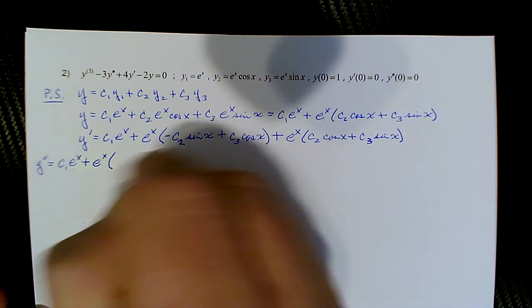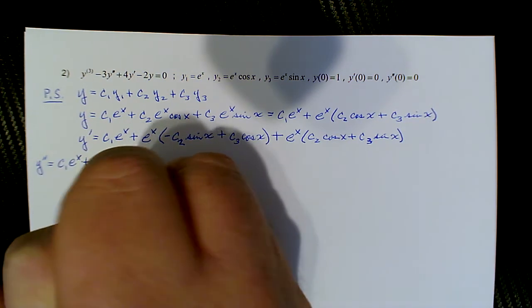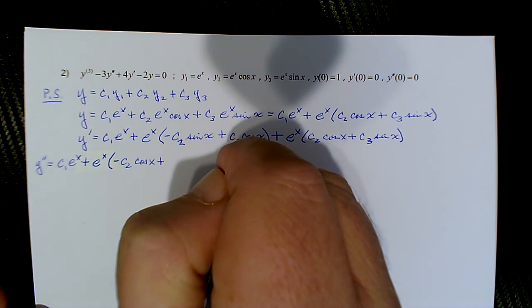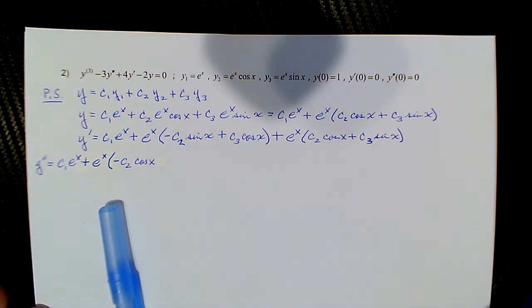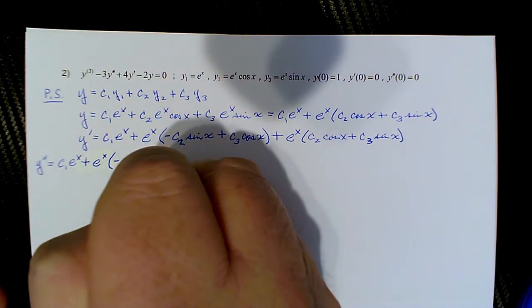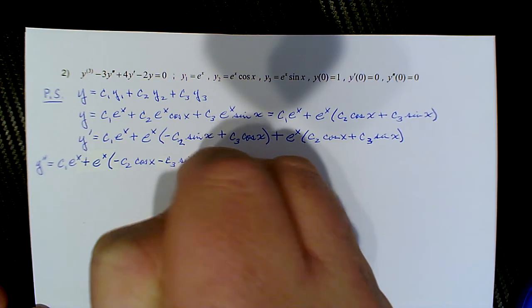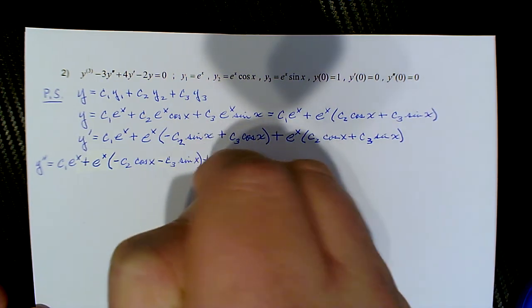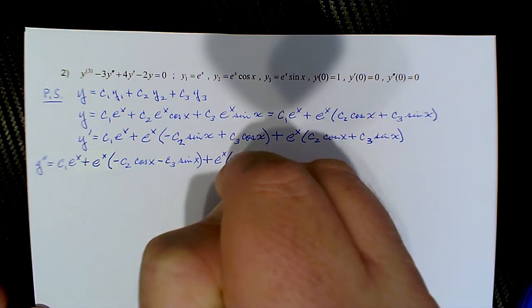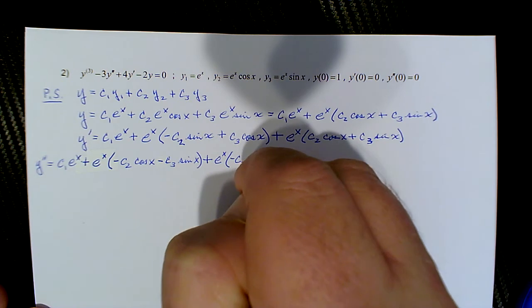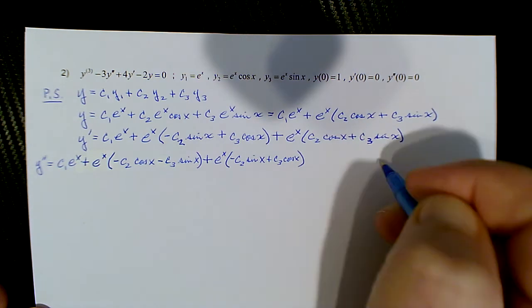Derivative of sine is cosine, so we get minus c2 cosine x, plus c3, the derivative of cosine is minus sine, so minus c3 sine x, then plus the second factor, what's in parentheses, times the derivative of the first, e to the x, so e to the x times minus c2 sine x plus c3 cosine x. Right, and then I'm going to need the product rule on this term.